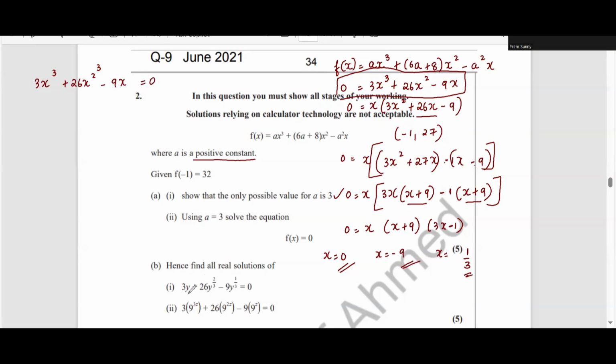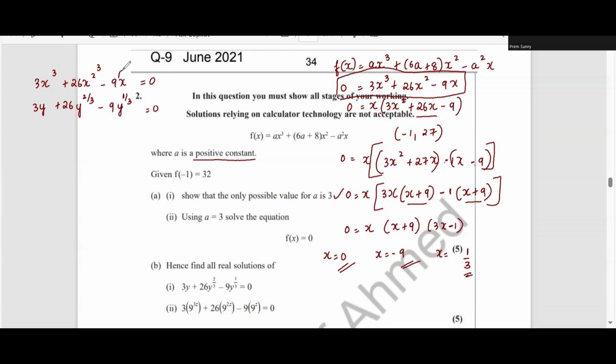Now the question that we have to find out is 3y plus 26y to the power of 2 by 3 minus 9y to the power of 1 by 3 is equal to 0. What we need to do is compare both the equations.